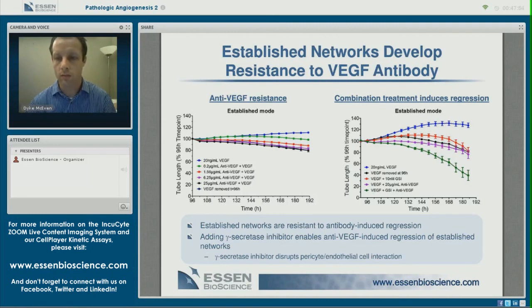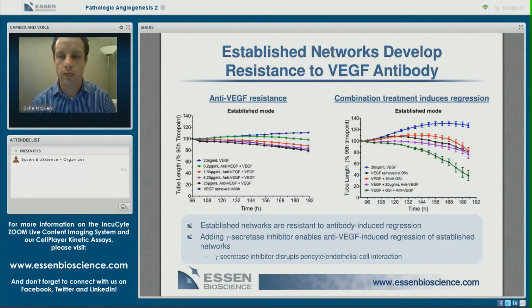On the right, we're using a combination approach where we treat either with a gamma secretase inhibitor alone, the anti-VEGF antibody alone, or these compounds in combination. The gamma secretase inhibitor that we used was developed by Lilly and has been shown to have an effect on the pericyte endothelial cell interaction with very little effect on actual tube formation.